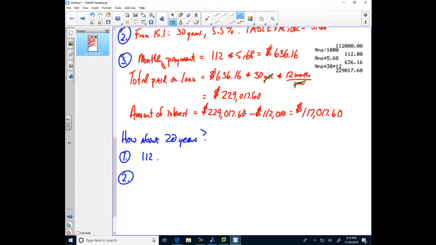Then step two, from table 15.1. Now with 20 years, still the same percent interest. Let's go back to our table.